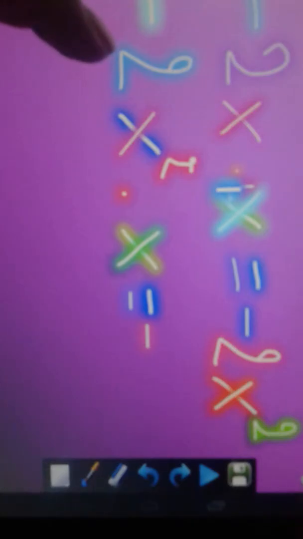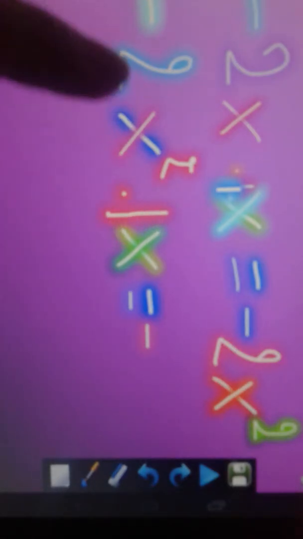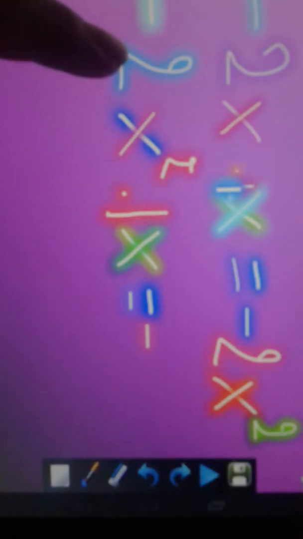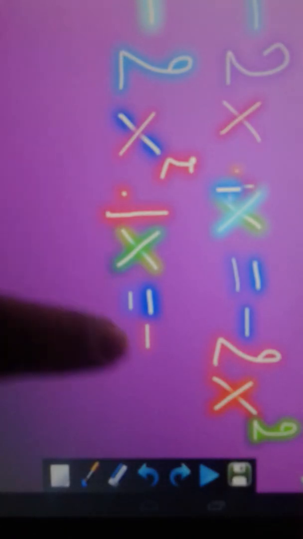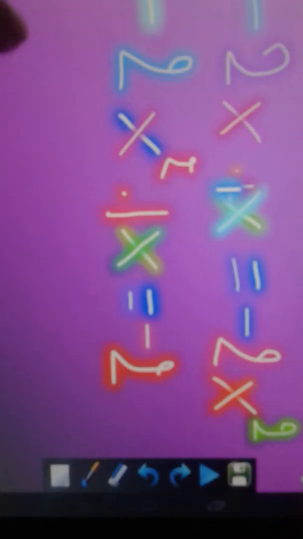Numbers now, 2 by 1, that we know is here, but we don't write it. 2 by 1, 2.